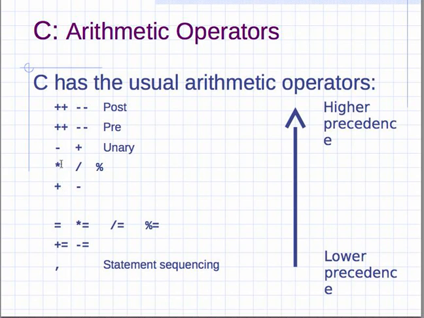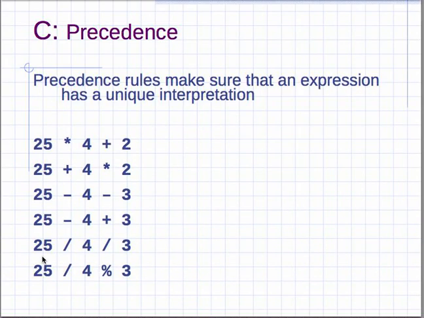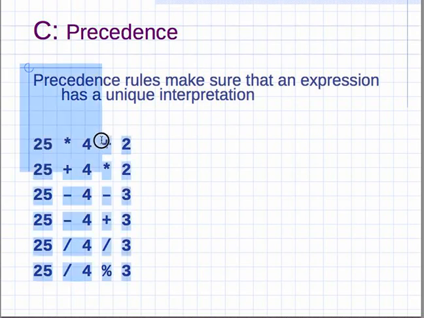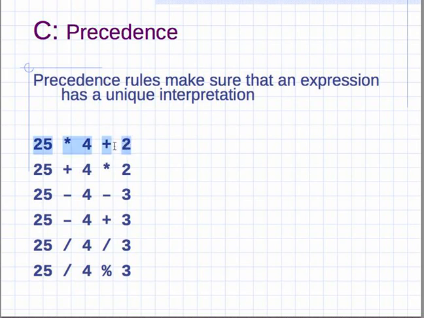That is, you should do the result of the multiply first and then compute the result of additions. So these precedence rules remove any ambiguity. There can only be one way to interpret an expression like this. That is, you do the multiply first and then do the addition.